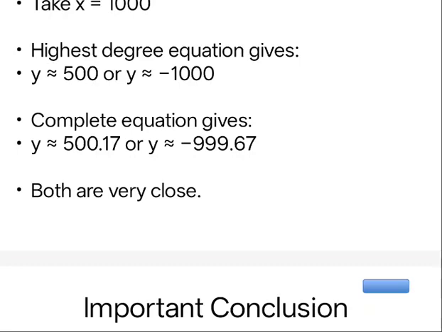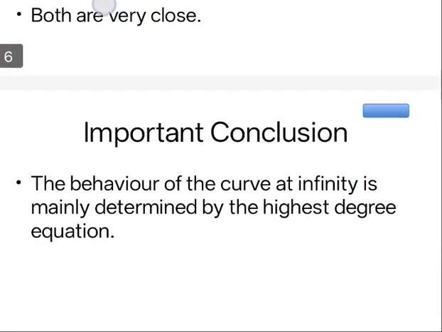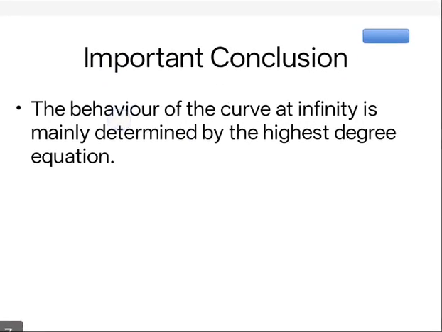Both are the same. By that you can confirm that whenever x tends to infinity, the curve behavior is dominated by the highest degree terms. This is the conclusion: the behavior of the curve at infinity is determined by the highest degree equation.